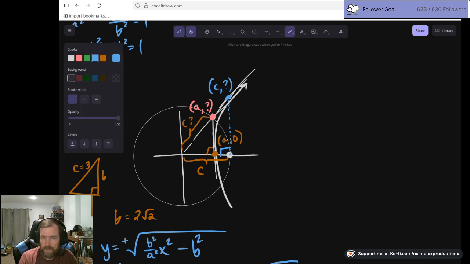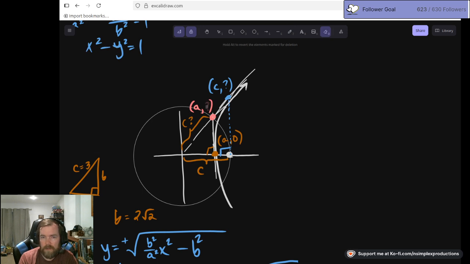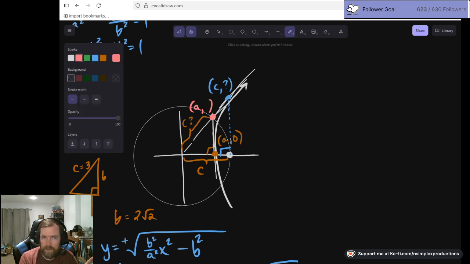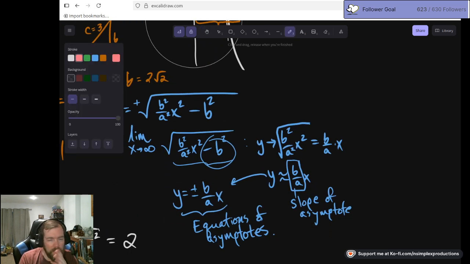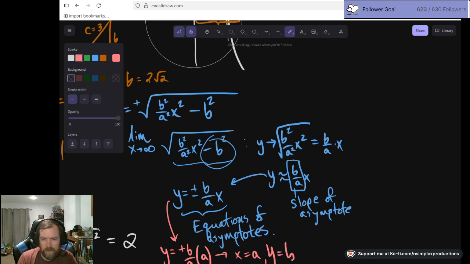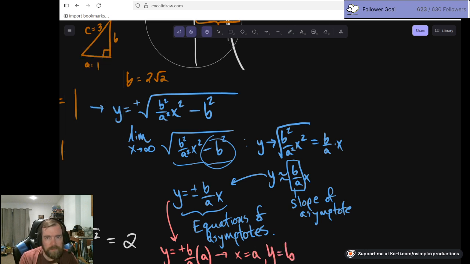And if, right, if this is a, then that question mark here can definitely be explained. We can find the y value, which is definitely going to be b. Right, so y equals plus only in this case b over a times a, x equals a, y equals b. So that's a point.